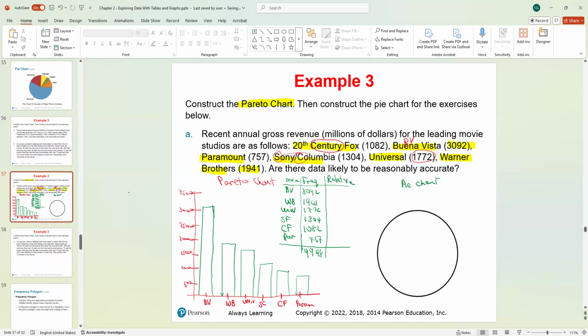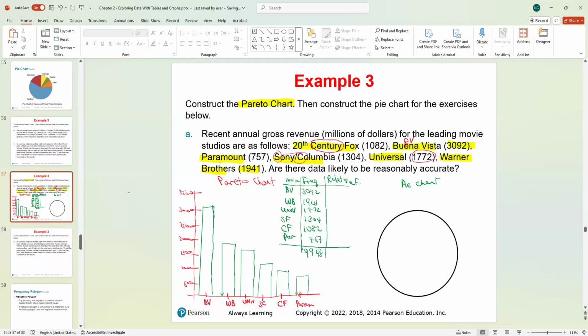And you know how to find the relative frequency. If you forget how, I would certainly advise you to go back and watch the previous videos. But in terms of relative frequencies, remember, our goal is to divide each data by the total, like 3092 divided by 9,948.